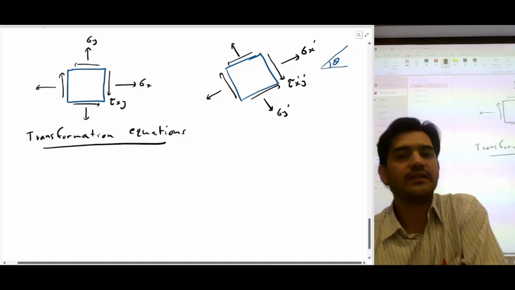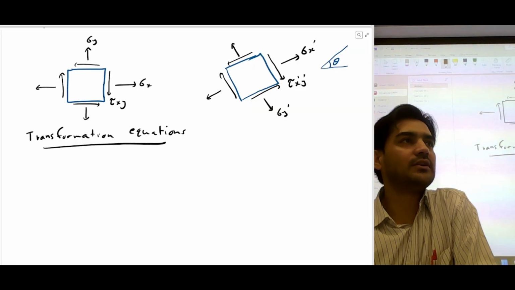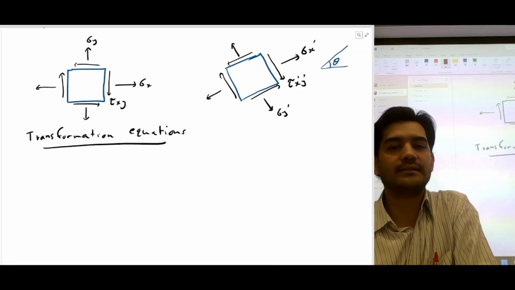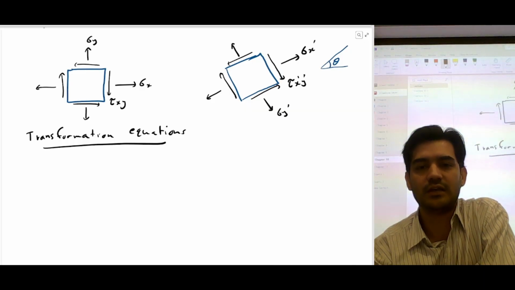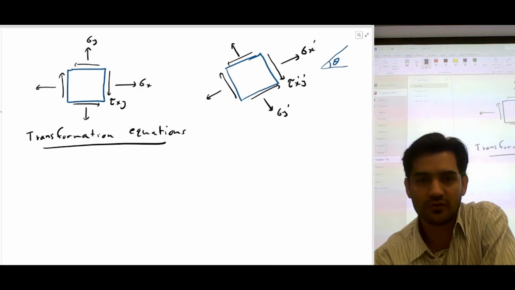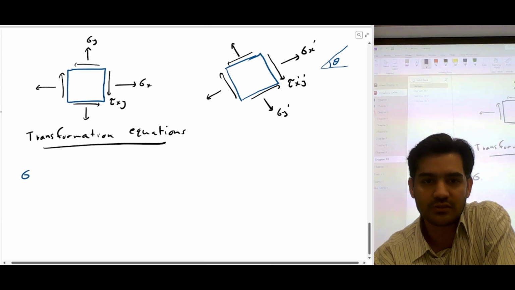You have transformation equations for the normal stress along the x-axis, the normal stress along the y-axis, and also a transformation equation for the shear stress. So the equations look something like this.